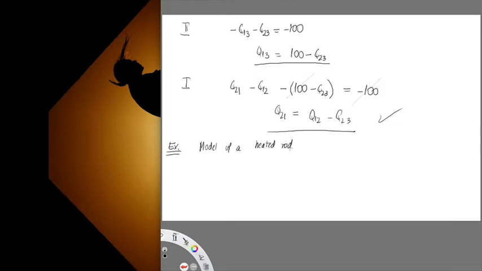So here's my physical, so this is again linear systems in applications. I have a rod, a heated rod, in between two walls, and those two walls are uniformly heated.